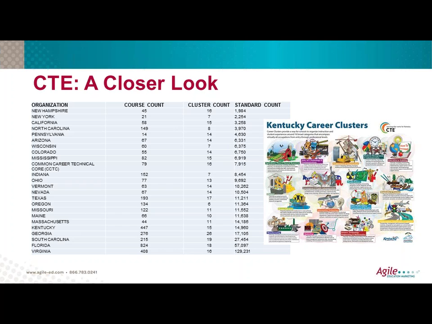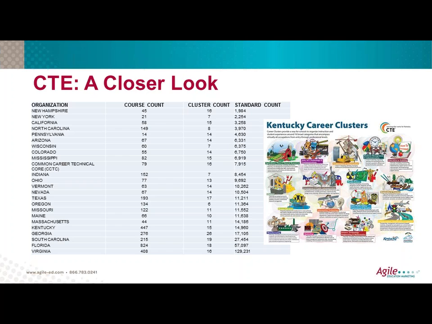In South Carolina, for instance, we saw a focus on architecture and construction, and when we dug a little bit further, we found that makes sense because South Carolina is listed among the top 10 states that people are moving to. So it's logical that you would think about preparing students for their state's growing population.